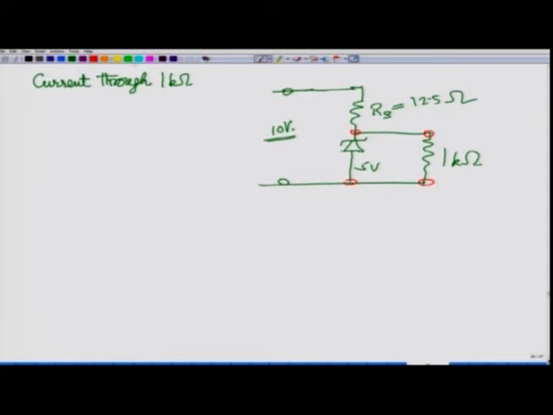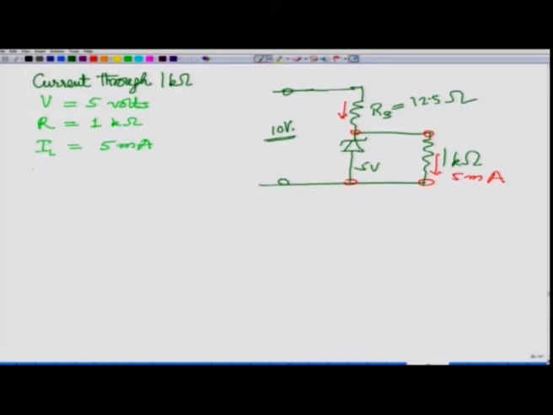So, here the voltage is 5 volts and the resistance is 1 kilo ohm. So, what is the current? Current in load, that is going to be V by R. So, it is 5 milliampere. So, the current here is 5 milliampere. What is the current here?